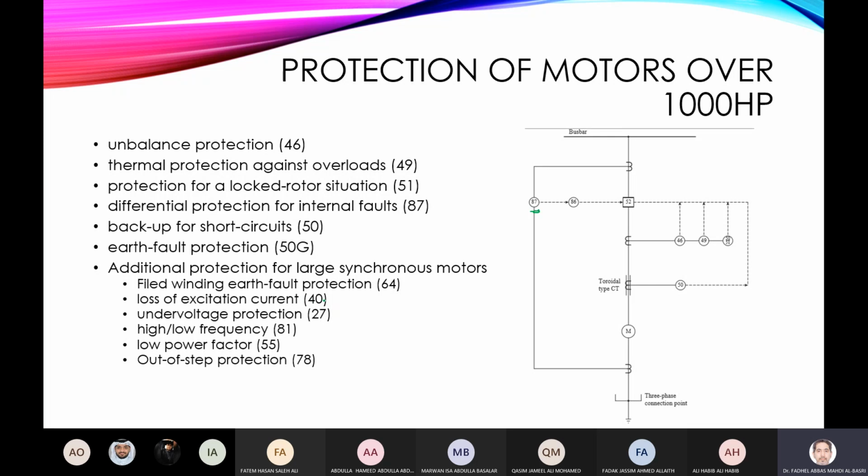If you have a synchronous motor, you also need field winding protection, loss of excitation. I also have under voltage and frequency protection, over and under frequency, low power factor protection, and out of step protections are added if you have a synchronous machine.